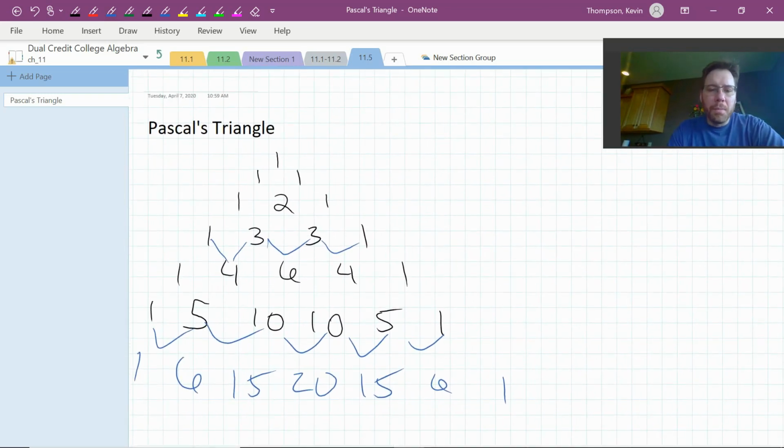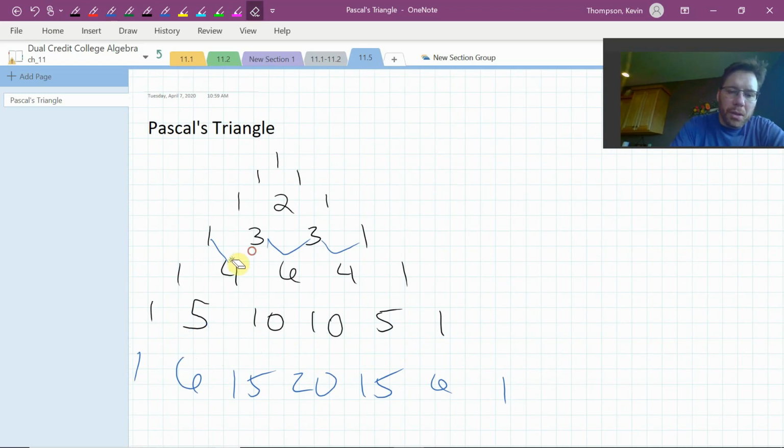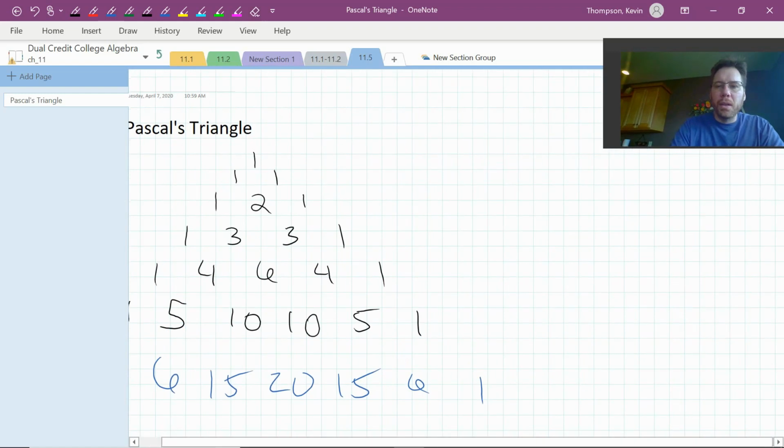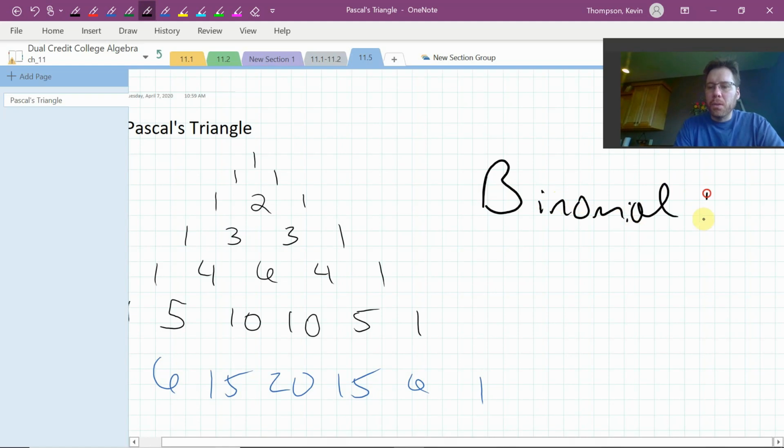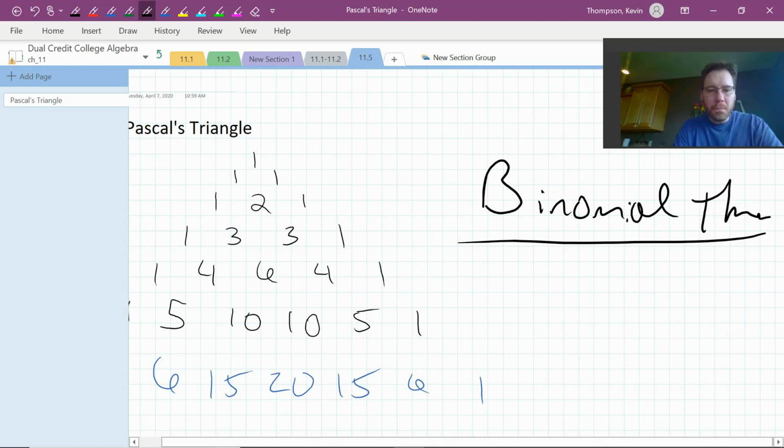So there's an interesting connection to distributing as it relates to this. There's something here that we're going to talk about that's called the binomial theorem.